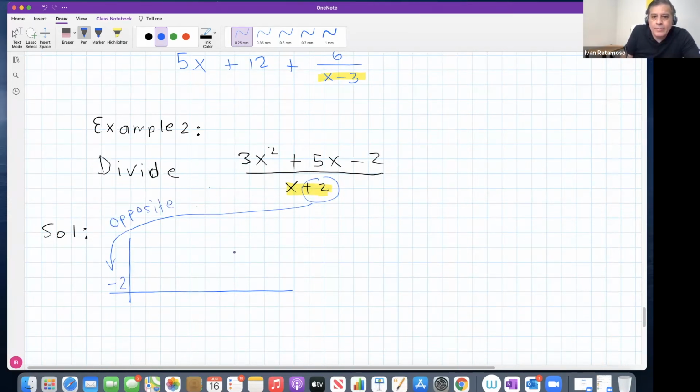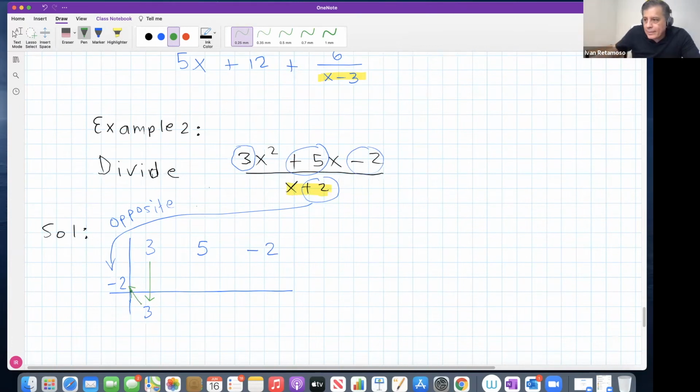And up here, you write these coefficients, 3, another coefficient here together with its sign, and this one, -2. There you go. Then it all starts by bringing this down as it is. It's a 3, so let's just write 3 here. And then multiply 3 times -2.